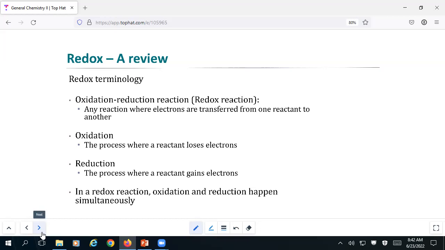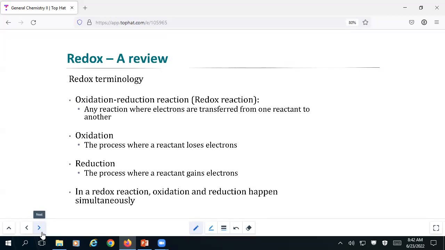Those two processes are independent of each other. The thing that loses electrons is going to be different from the thing that gains electrons. Yet the processes are also inseparable. They're completely dependent on each other. You can't have oxidation without reduction.